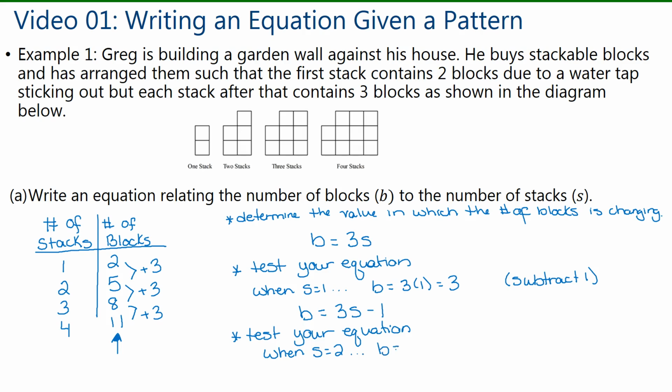So B is equal to 3 times 2 minus 1, which is 6 take away 1, which is 5, like we want it. You could also plug in 3 to see if you get 8, and plug in 4 to see if you get 11. But it should work for each of those values there. So that's our equation. B is equal to 3S minus 1.